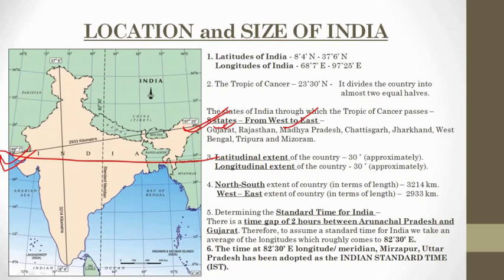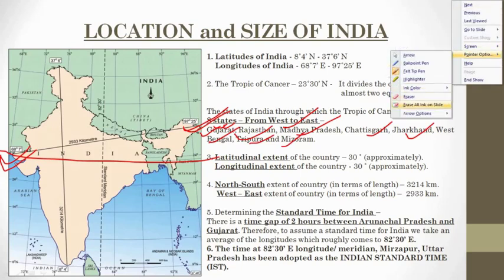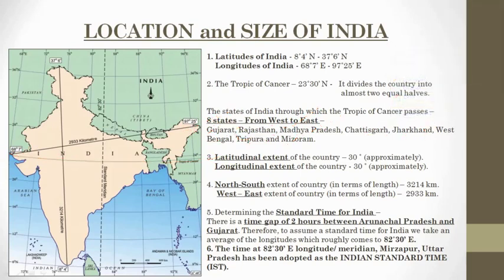So it passes through, starting from Gujarat, Rajasthan, Madhya Pradesh, Chhattisgarh, Jharkhand, West Bengal, Tripura and Mizoram. Now we need to learn the names of all these states through which the Tropic of Cancer passes. And we'll also be learning some techniques to remember all these kinds of questions.